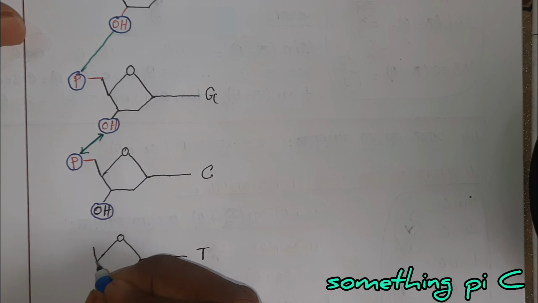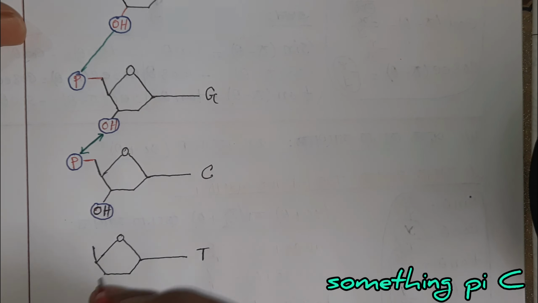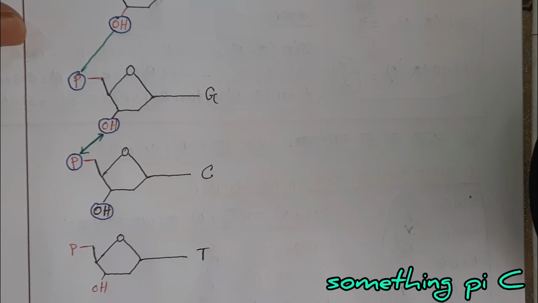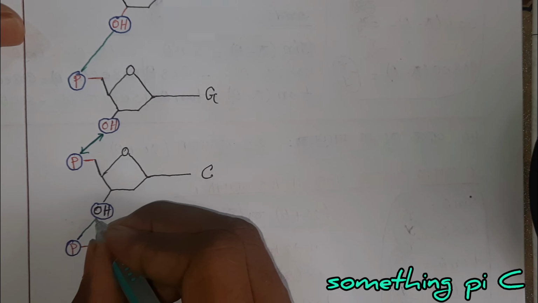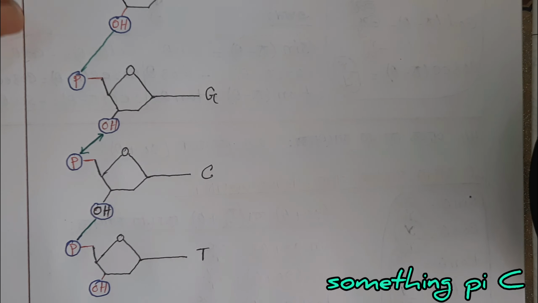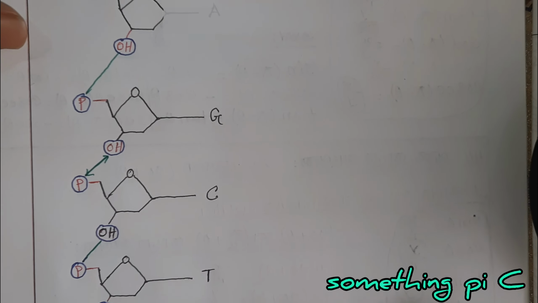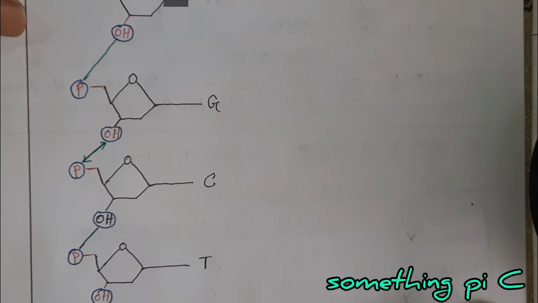And similarly the first carbon is connected with the nitrogenous base thymine, the third carbon has OH, and the fifth carbon has phosphate. The phosphate group of the fourth nucleotide will be connected with the OH group of the third nucleotide.